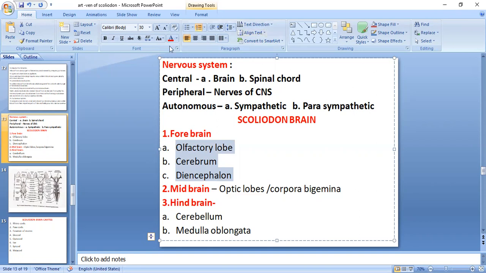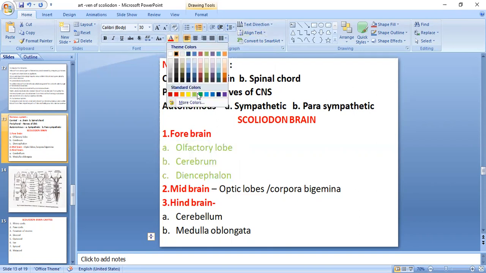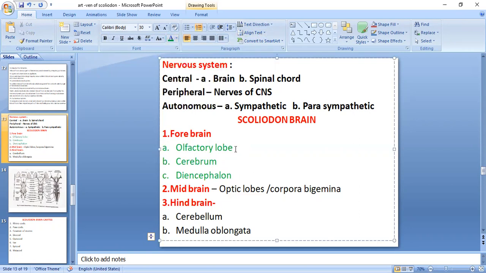In the forebrain, again it's very common, there are three parts: olfactory lobe, cerebrum, and diencephalon. From the amphibia, this cerebrum will become cerebral hemispheres. In mammalia it is also called cerebrum, but cerebral hemispheres are not clear.